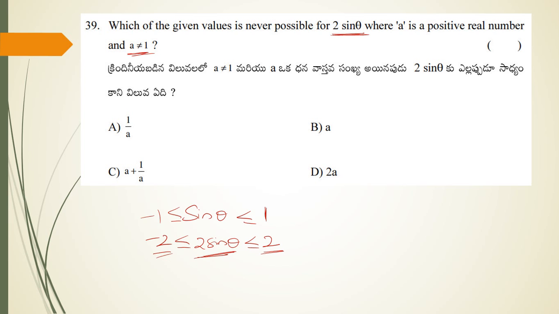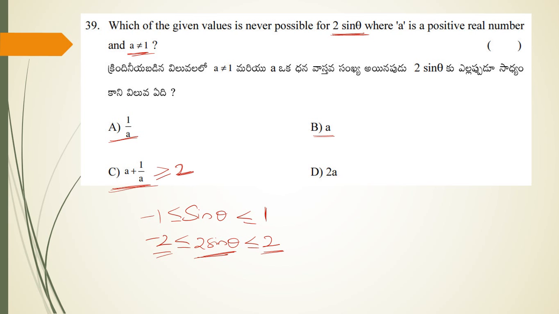Now if you observe this, a is nothing but the value; now 1 by a means, if you consider any value between minus 1 and plus 1 for sin theta, 1 by minus 2 to 1 by 2. Next, a is any positive real number. Next, a plus 1 by a. If you observe a plus 1 by a, it is always greater than or equal to 2. By the AM GM inequality, a plus 1 by a is always greater than or equal to 2.